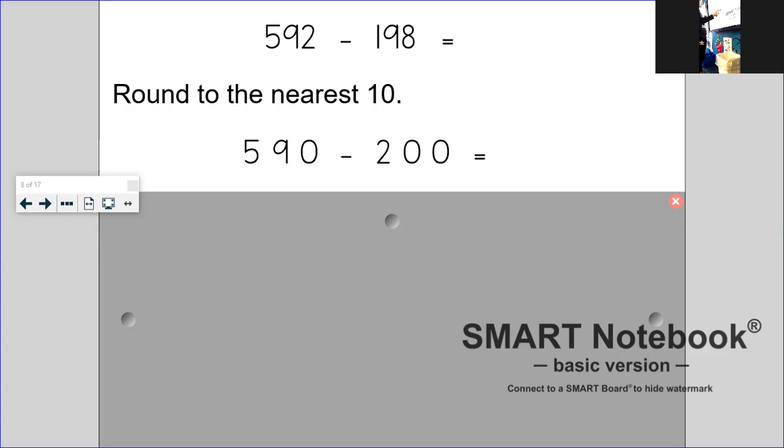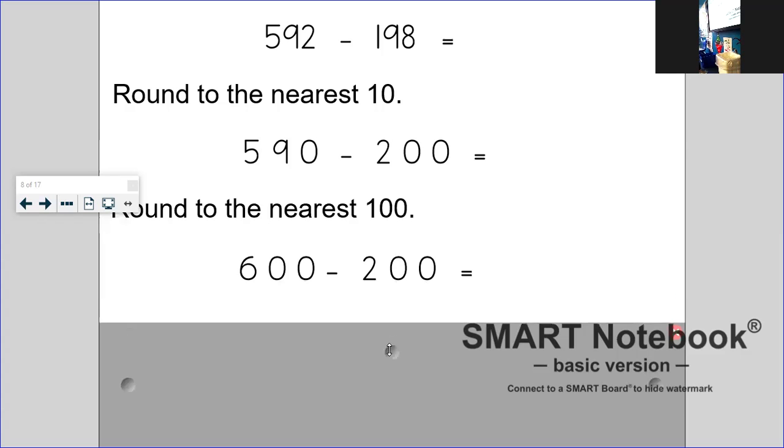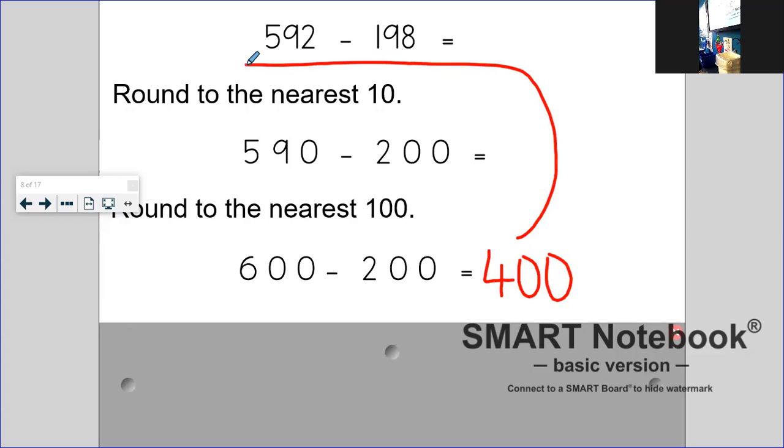So now we're going to round to the nearest 100 and we've got 592 up to 600, 198 up to 200. And that's easy to solve. 600 take away 200. Well, I know that 6 take away 2 is 4. So 600 take away 200 must be 400. So I know that my estimate for this answer, 592 take away 198, is around 400.